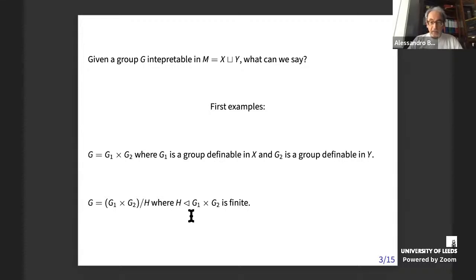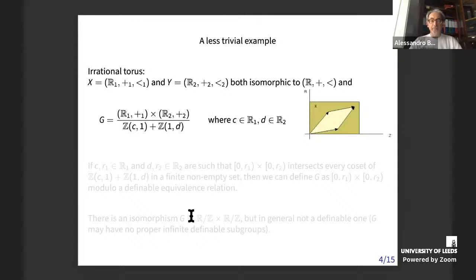Well, there are. So a less trivial example is the following. Let's call it an irrational torus. So you take, again, two disjoint copies of the reals, but only additive reals with the order. And you can take a group which is just R times R, the first copy of R times the second copy of R, modulo a discrete subgroup, which essentially is a lattice, and you can see a generator of the lattice in the picture.